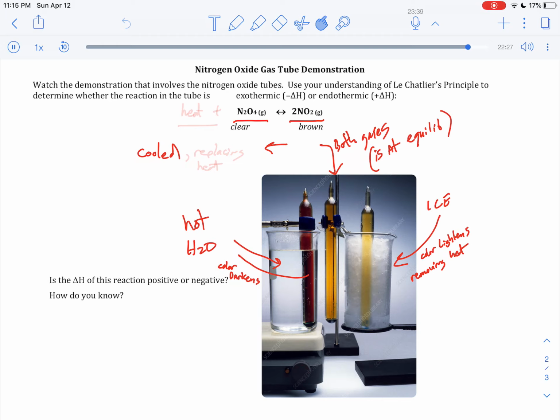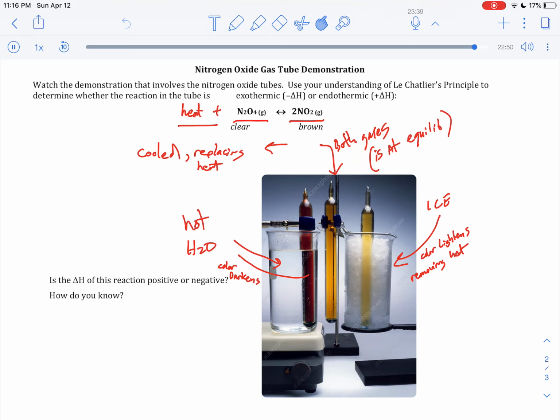When you're cooling, you're removing heat, so it's replacing heat, which means this reaction is endothermic.